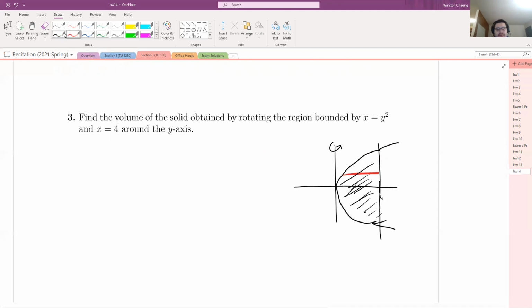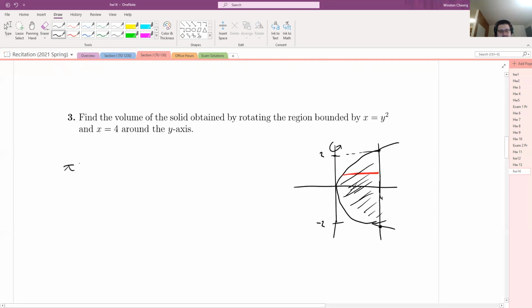And what we need to find is actually the extent of the graph. We need to figure out these intersection points. Okay, so, well, if x is equal to 4, y squared is equal to 4, so y is equal to plus or minus 2. So those are the limits of our integral.